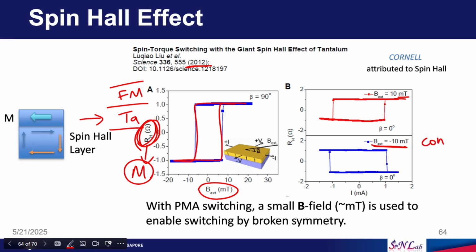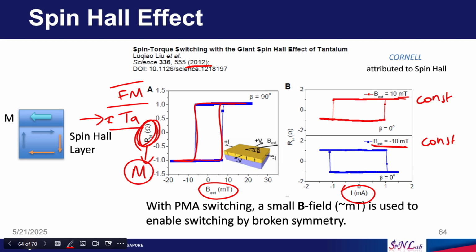It is not changing when they do the experiment. Okay. So, what they change is the current they send through the tantalum layer. Okay. So, they send current through the tantalum layer, and because of this current they see switching.